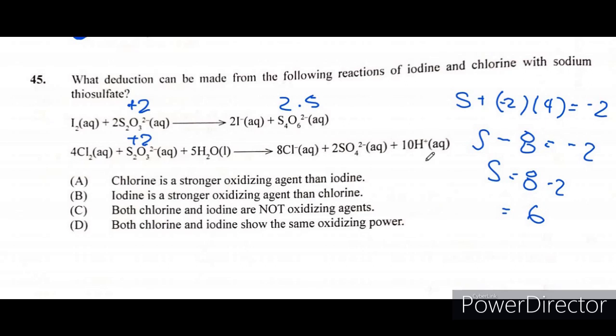Yes, it's 6. And we see S is plus 6. So you see that the increase here is greater, because this is from 2 to 6 and this is 2 to just 2.5. So there's just an increase of 0.5, and the increase here is about 4. So chlorine is a stronger oxidizing agent than iodine.